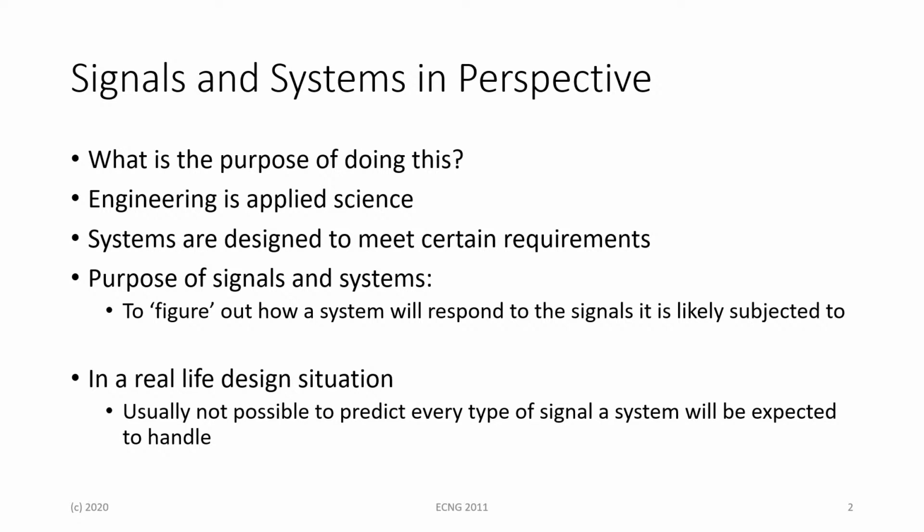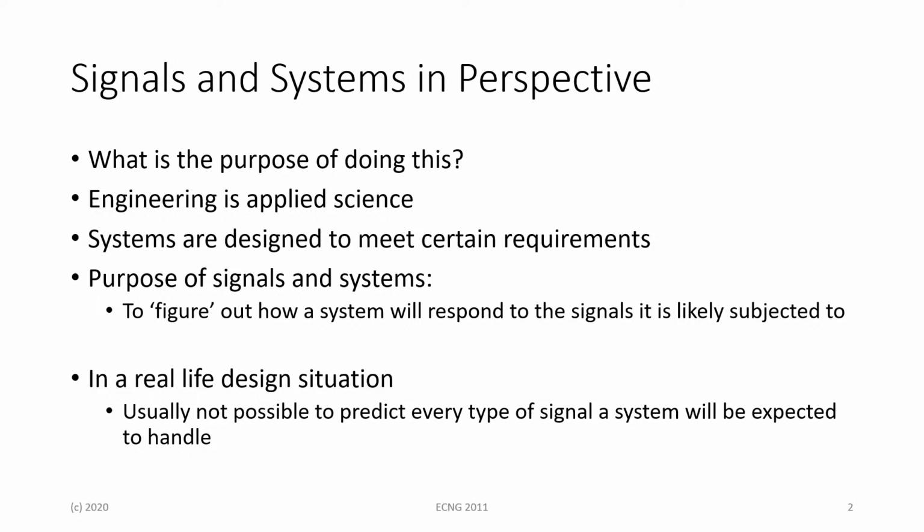So at this point we might want to take a little bit of a reality check, and ask, well, what's the purpose of doing signals and systems? In particular, because the entire engineering field is applied science, you're basically going to be dealing with some sort of input signal and processed output signal, and in order to obtain this processed output signal, the input signal must be subjected to some sort of system.